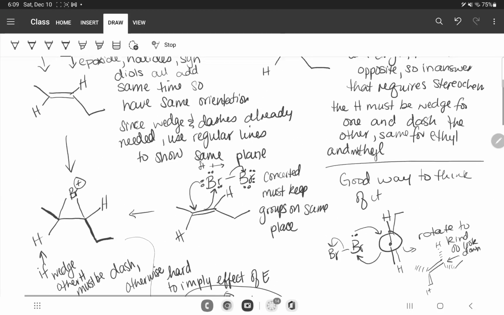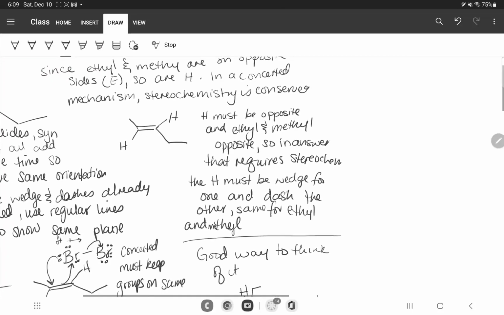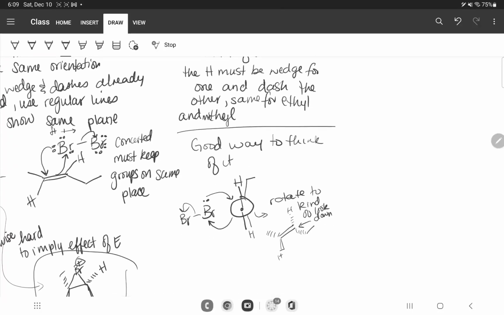We can also think about it and make Newman projections and look at it. Imagine your Newman projection as you're stacking it, like looking at that double bond straight onto you. So like onto my hand, if the double bond is my hand, and I have something pointing up from one side or something down, imagine that the carbon you're looking at, from one carbon of the double bond to the next, is blocking the second carbon.